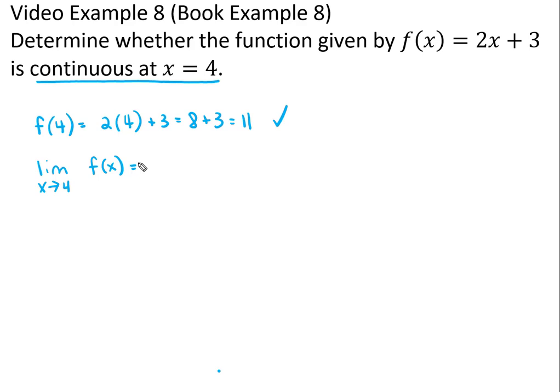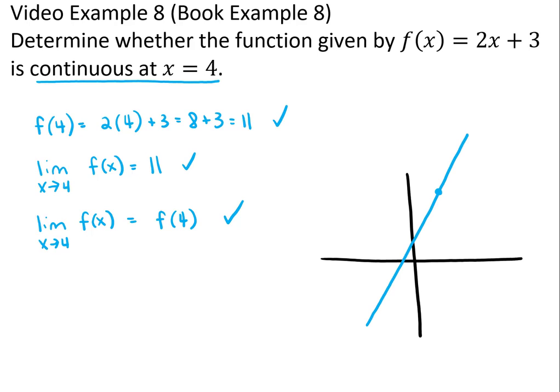And it does, because we know that the limit of a polynomial function is the same as plugging it in. And then we have to ask ourselves, does the limit match f of 4? And it does. So therefore, this function is continuous at x equals 4. Visually speaking, we know that 2x plus 3 is the graph of a line, and you know that there's no holes in this line, and so it's continuous at this point, and it continues through that point.